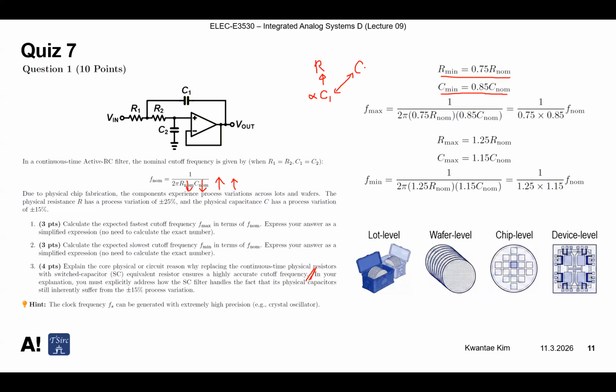And in your explanation, you must explicitly address how the SC filter handles the fact that its physical capacitors still inherently suffer from plus or minus 15% process variation.